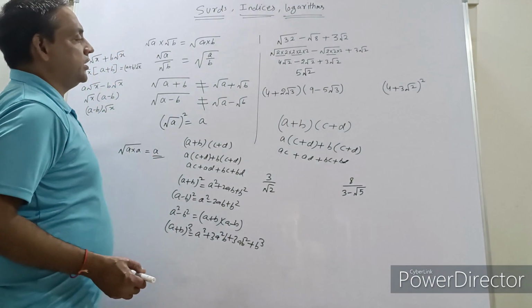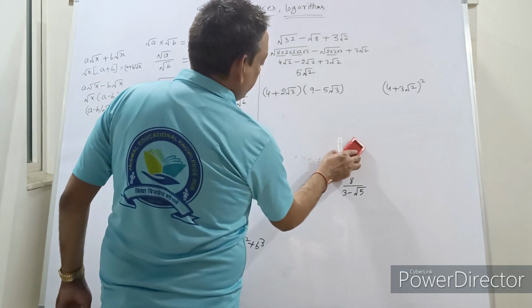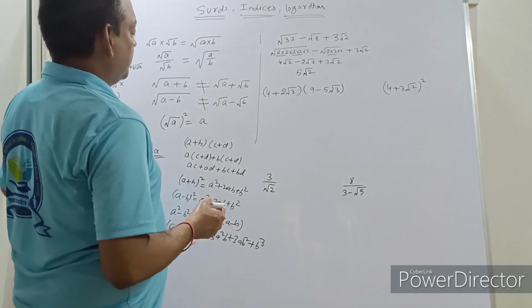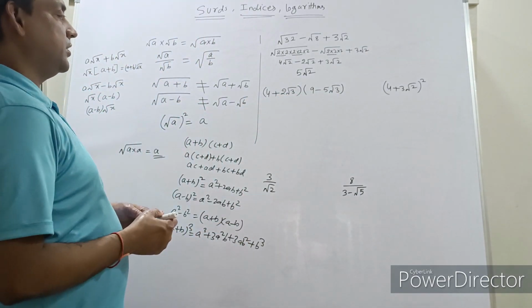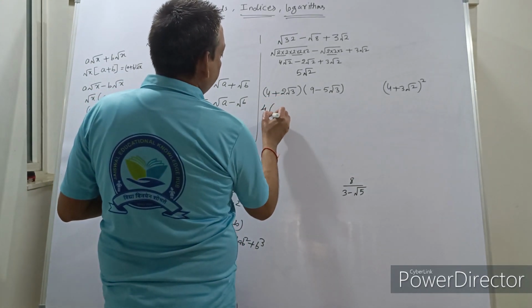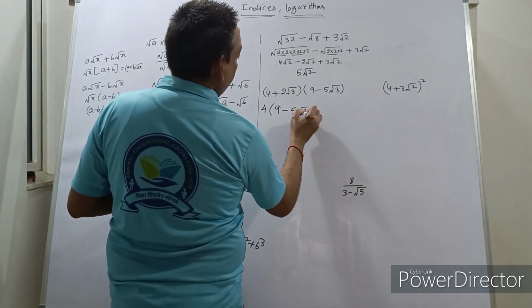So the first one is we have two brackets, we have to multiply both brackets. Now the same way we have to use the same thing. It's like a plus b into c minus d given, like suppose here. So we'll take the first number 4, multiply by the second bracket 9 minus 5 root 3.